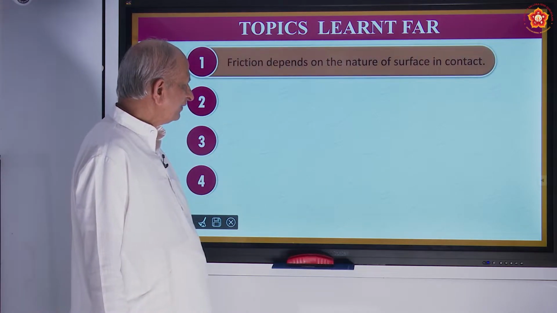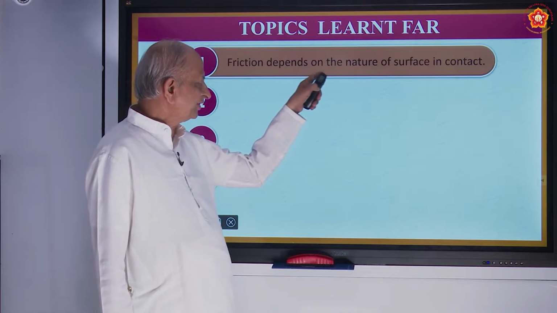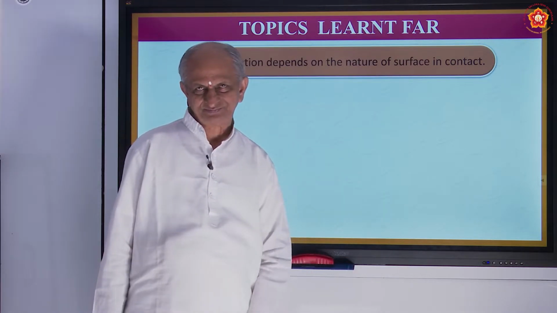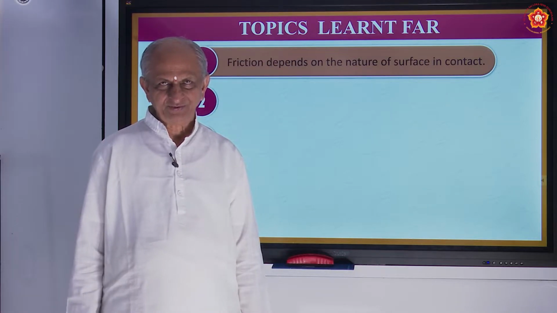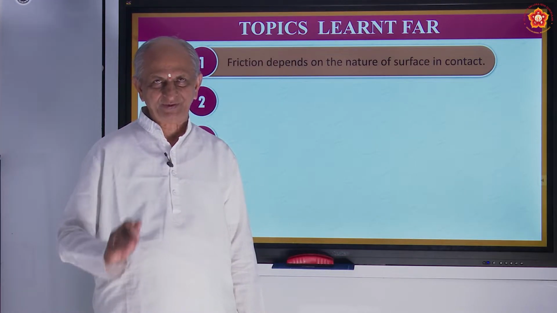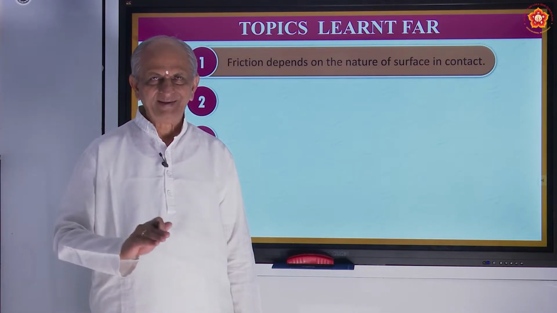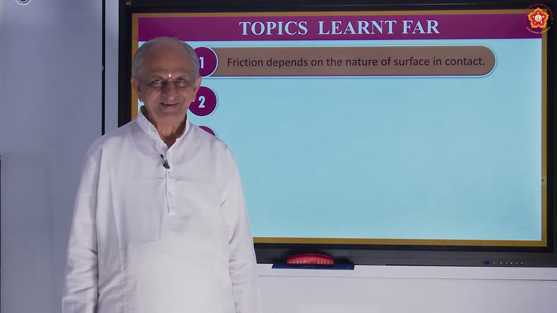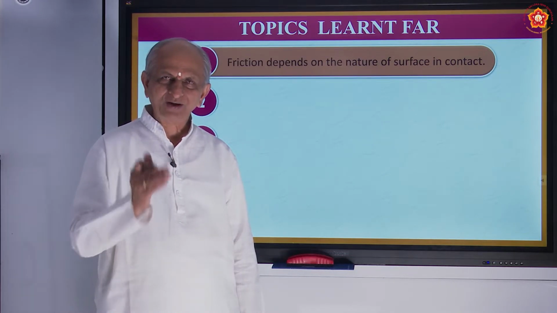Let's just recall what we have studied earlier. Friction depends on the nature of the surfaces in contact. There will be two surfaces. Friction will be there between two surfaces, say ball and the floor, bat and the ball, your hands and the book.